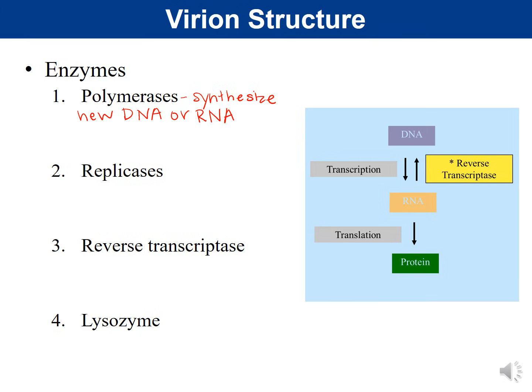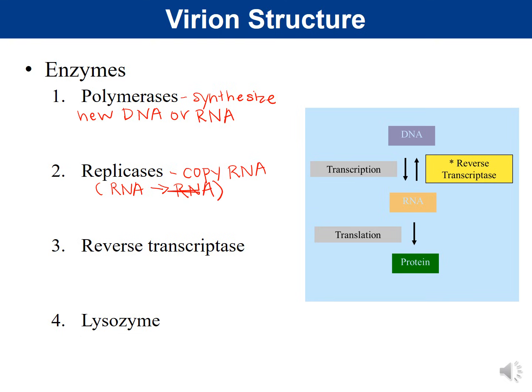So if they're going to make DNA, it's called DNA polymerase. If they're going to make RNA, it's RNA polymerase. There are also enzymes called replicases, and these are used to copy RNA, meaning that in this case we go from RNA and replicate it to RNA.